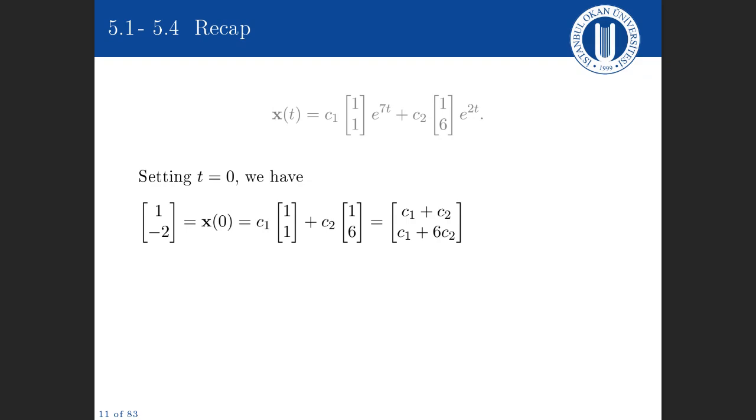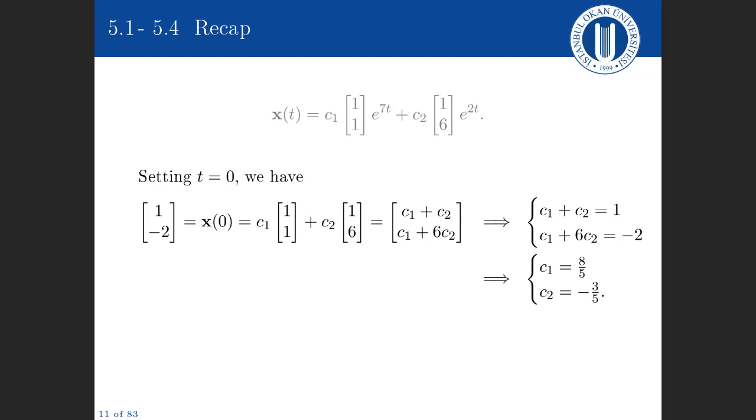If t is 0, we just get C1, 1, 1 plus C2, 1, 6, or C1 plus C2, C1 plus 6 C2. That gives us a linear system of two equations in two unknowns. You know how to solve that from your linear algebra course. So I'll tell you that the answers are 8 over 5 and minus 3 over 5.